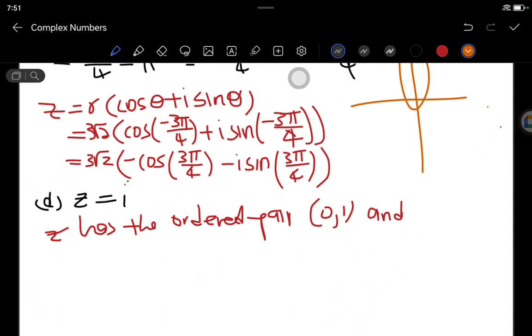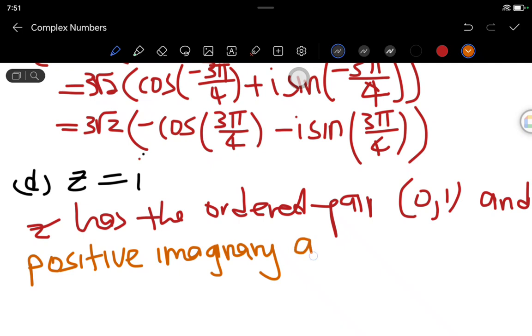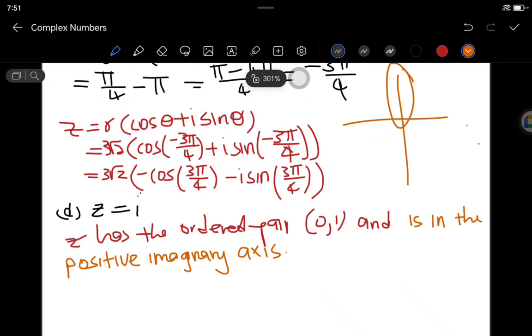Then we can say that z is in the positive imaginary axis.